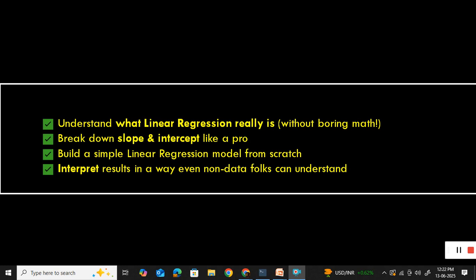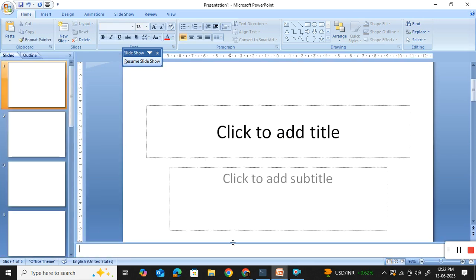First of all, let us understand what exactly the linear regression algorithm is all about. As we discussed in yesterday's session, linear regression is a supervised machine learning algorithm. What can we do with this? We can solve the regression problem. What do you mean by regression problem?